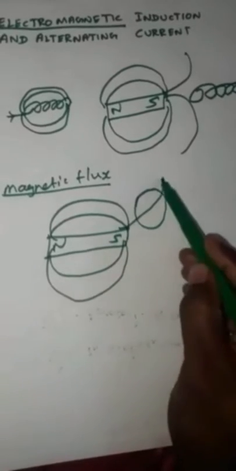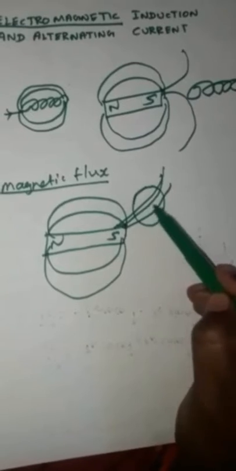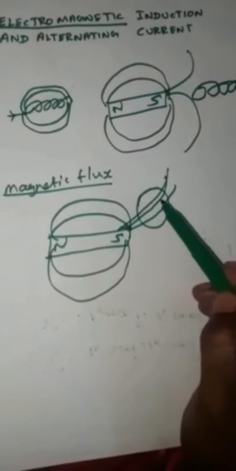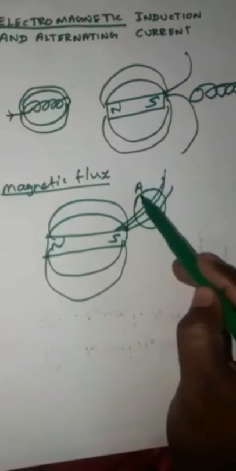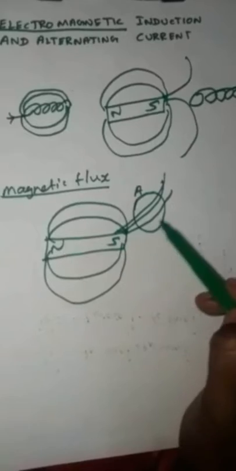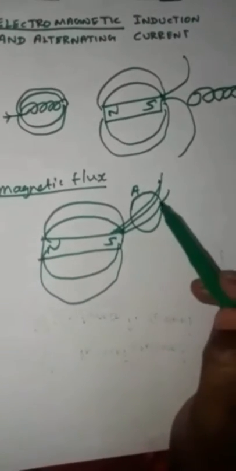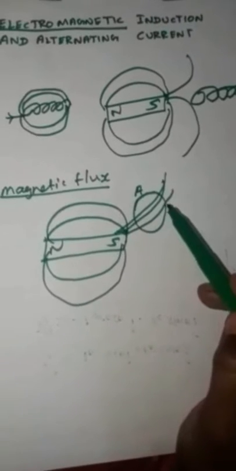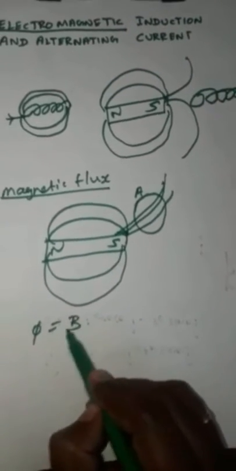The number of magnetic field lines passing through the unit area is called the magnetic flux. So we can write the flux formula: phi equals BA.